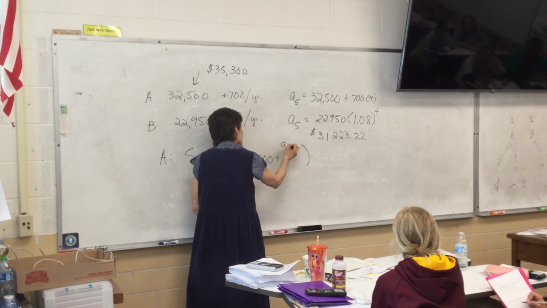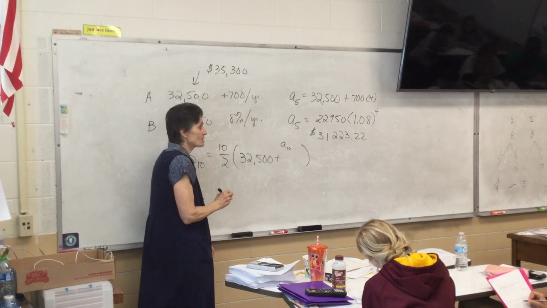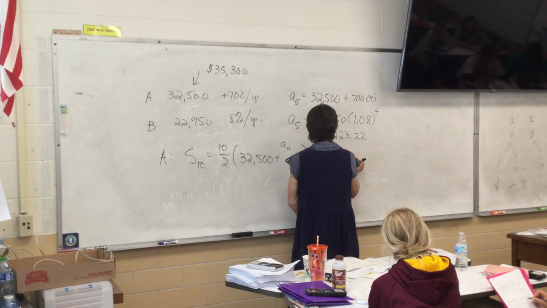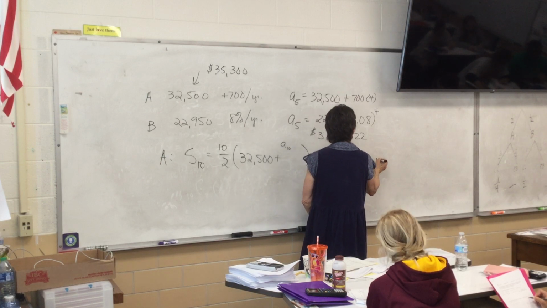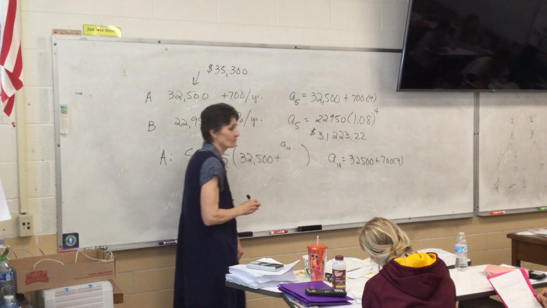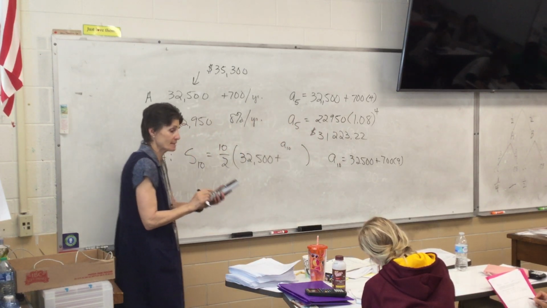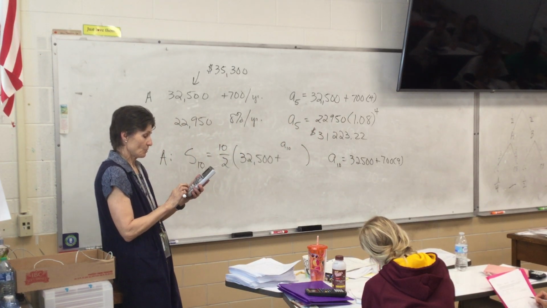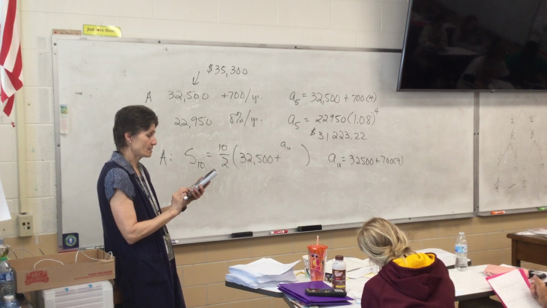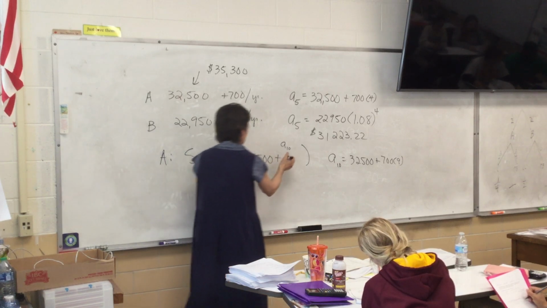So that would have to be a sub 10, so I'm going to have to figure that out. The 10th term is 32.5 plus 700 times 9. Am I going too fast? Does that make sense to everybody? So 32.5 plus 700 times 9 is 38.8.